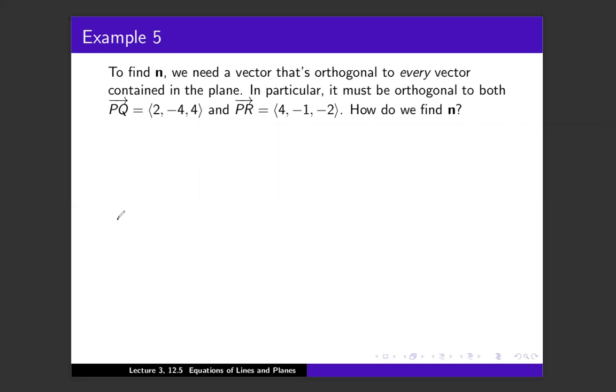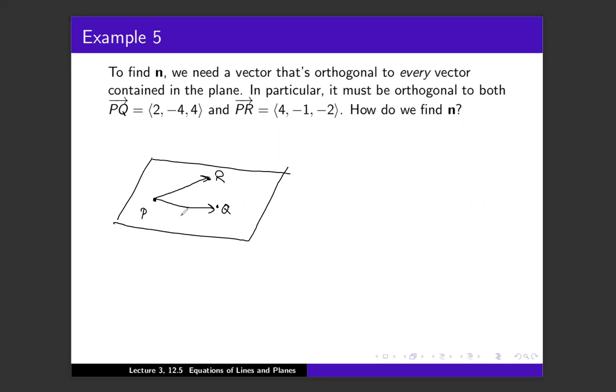So if here's our plane, this is obviously not to scale, but it doesn't really need to be. We can imagine shifting our perspective as need be. Here we've got P, and here we've got Q, and here we've got R. And actually, I want to flip Q and R. So here's R, and here's Q. And we want a vector that's orthogonal to every vector in this plane.